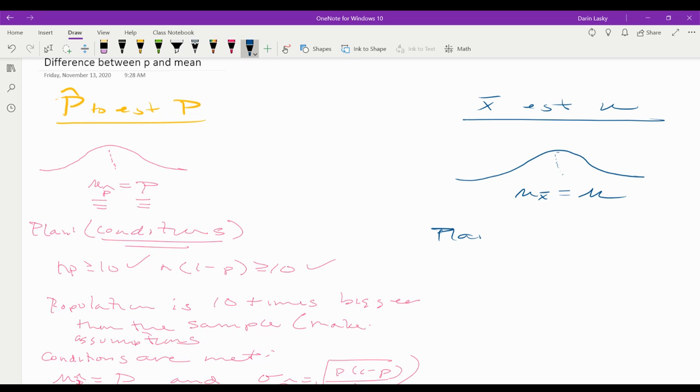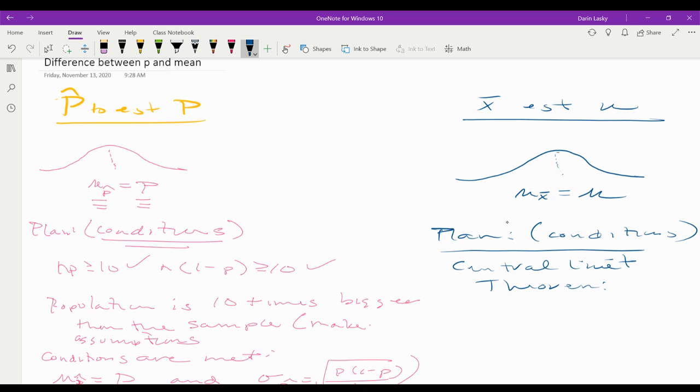We have a plan. Right now, our conditions are a little different. We call this the central limit theorem. What's the central limit theorem? If n is greater than or equal to 30, you can assume it's normal.